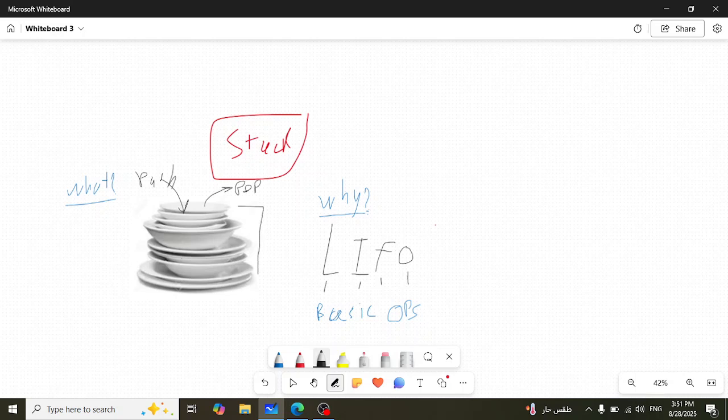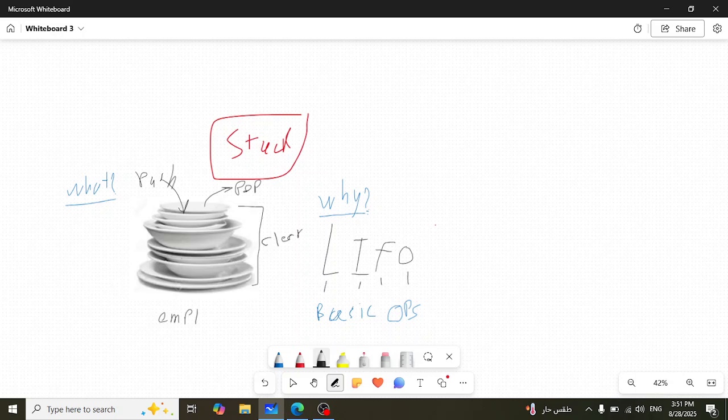Also, clearing the stack, which is removing all of the elements from the stack. So we have clear. And there is another important operation or question or check: is empty. Is the stack empty or not?